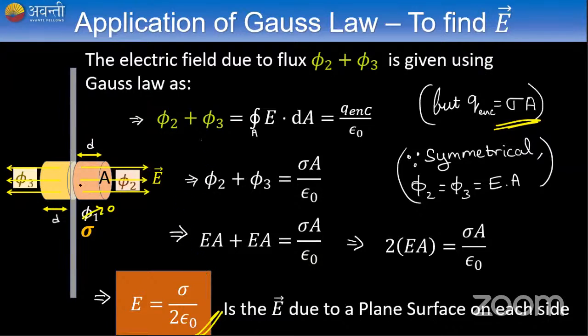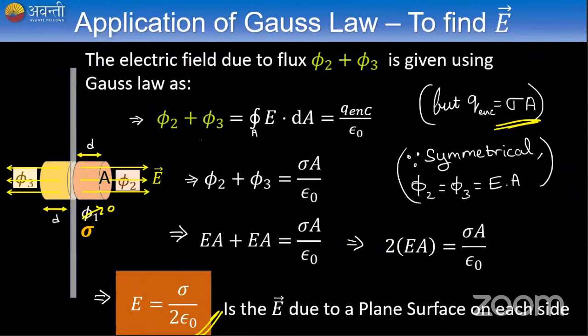So we had two planar surfaces. We considered there the cylindrical surface with the electric field E of length D. Then when we calculate the flux phi2 and phi3, phi2 plus phi3 equals sigma A by epsilon naught. Since they are symmetric, phi2 will be equal to phi3, and each is E dot A. That is 2 times E dot A is equal to sigma A by epsilon naught.